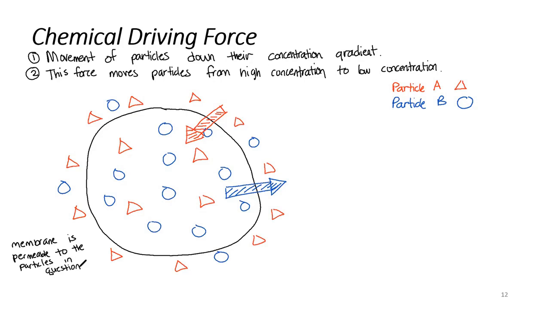Okay, so we can see that moving from the inside of the cell, particle B is moving down its concentration gradient. And in order to see what that means, let's draw this out, kind of like a graph here. We have particle B inside, it's at a higher concentration.